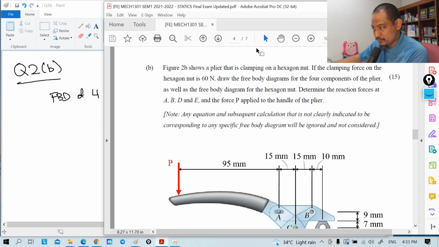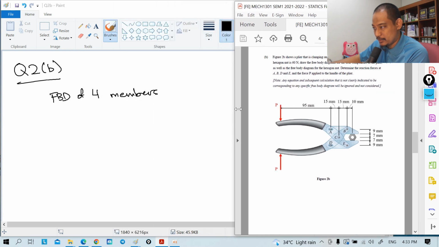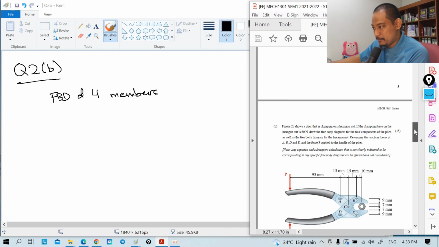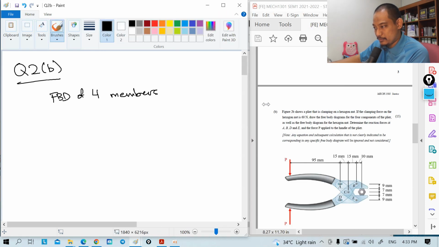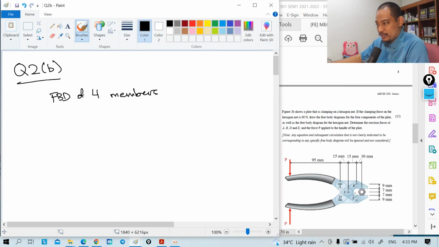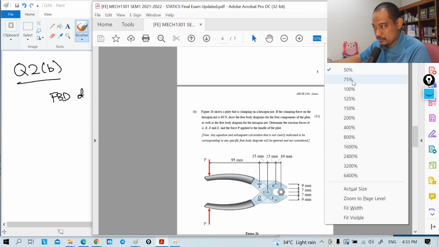Let's make this smaller to put it on the side. This is quite interesting because we have to find the support reactions at A, B, D, and E. Let's make it bigger first.